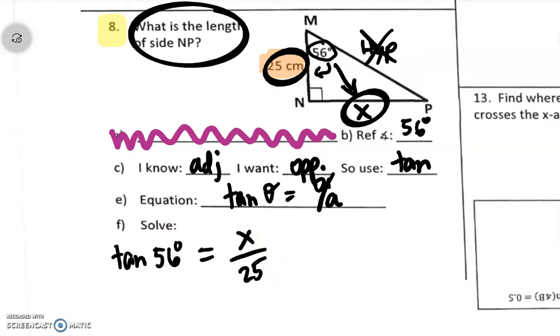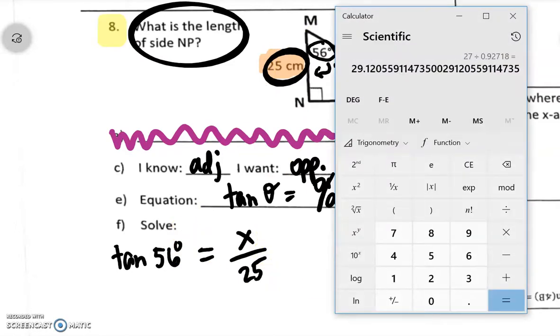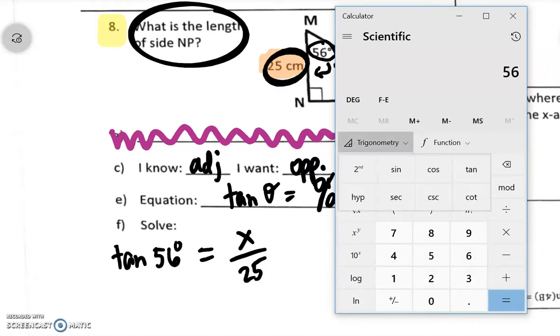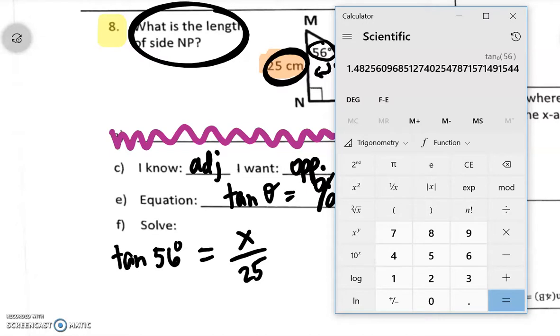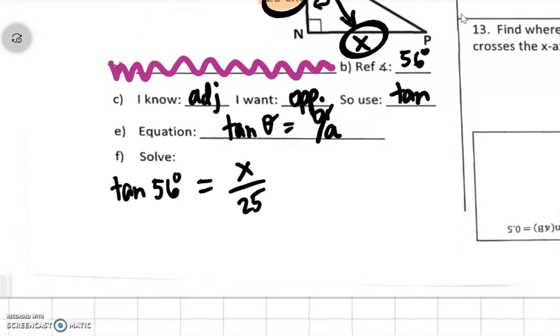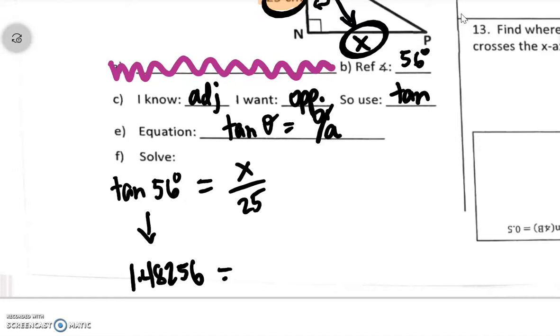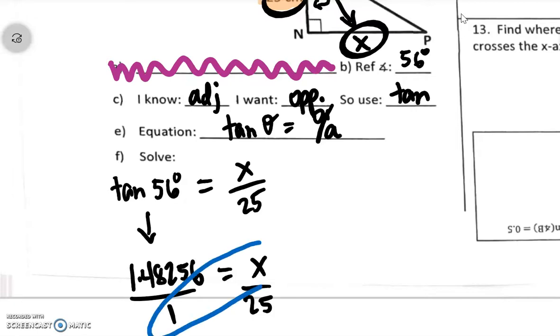So we figure out, what is the tangent ratio of 56 degrees? We punch that into our calculator, 56 tangent, and we see that it is 1.48256. So we're going to replace that, 1.48256, 5 decimal spots, is equal to x over 25. And we're going to put this decimal over 1. We're going to cross multiply and solve.